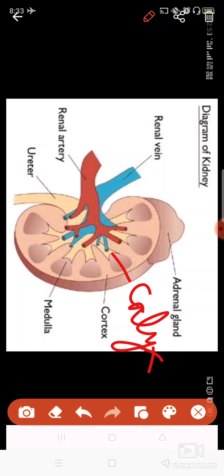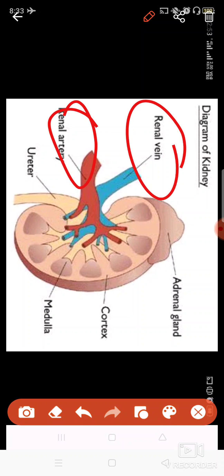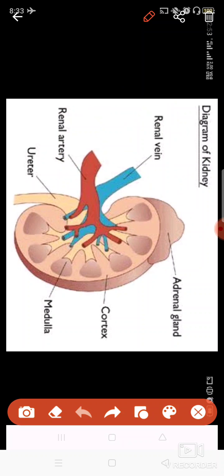Once the urine is formed, it gets into this portion, and then it goes into this portion, which is known as the ureter. The nephrons are connected with the renal vein and renal artery, which bring the pure and impure blood. This brings the pure blood, and this takes the impure blood. So this is how the structure of the kidney is.